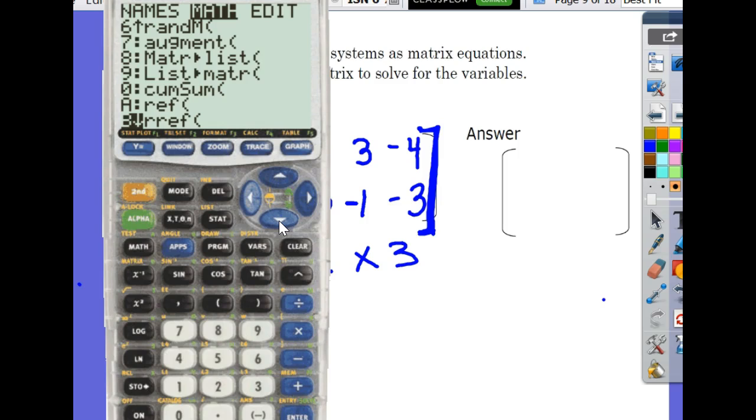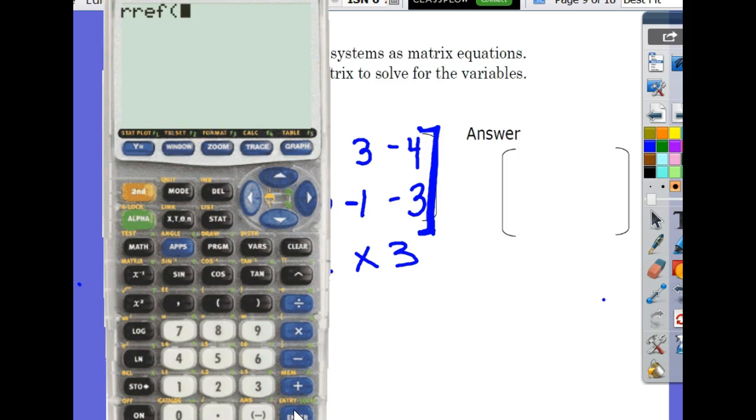Put the letter B next to that. Because do you see that A and B are almost the same? Some people in my earlier class were choosing the A instead of the B. You have to go all the way down to the B and then push enter. Aaron, what's the next step?